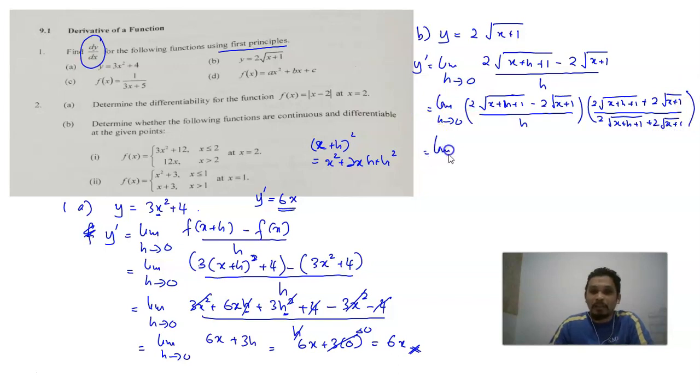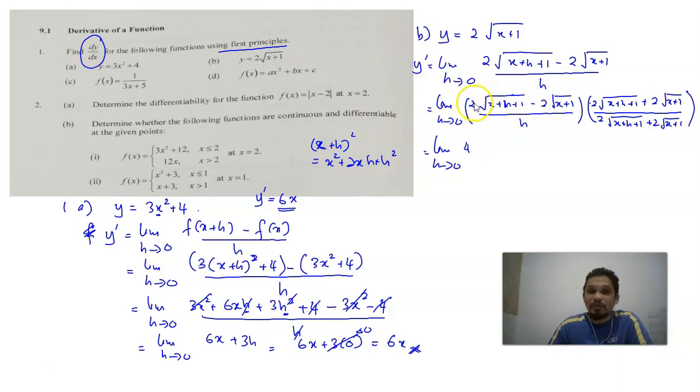So then 2 times 2 equal to 4. Class, the existence of the conjugate here is because if we substitute h here, then we get 2 square root of x plus 1 minus 2 square root of x plus 1 equal to 0, and h is 0. 0 over 0 is undefined, meaningless, so we avoid that.